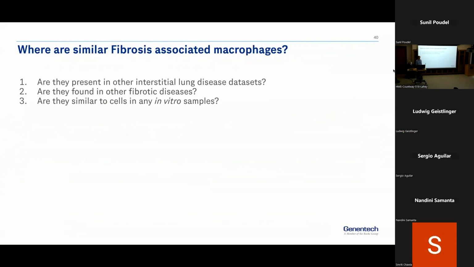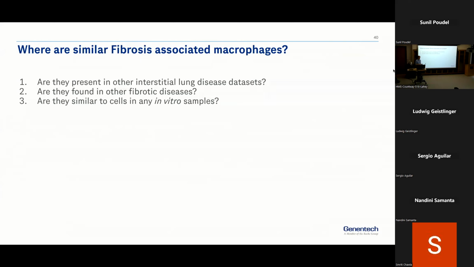But so we can start to ask questions that shed light on what these cells are doing and how we can study them. And I think really simply, where else are these fibrotic associated macrophages? To me, it goes in 3 levels. First, are they in other IPF or interstitial lung disease data sets?